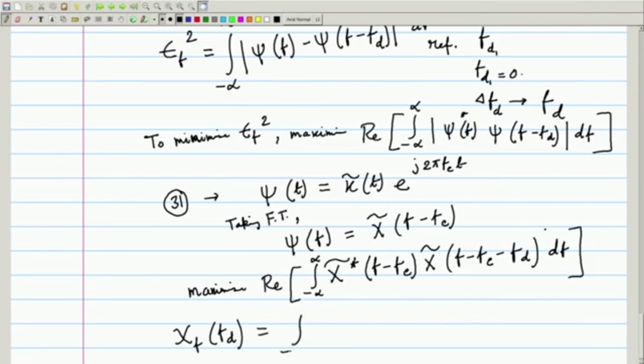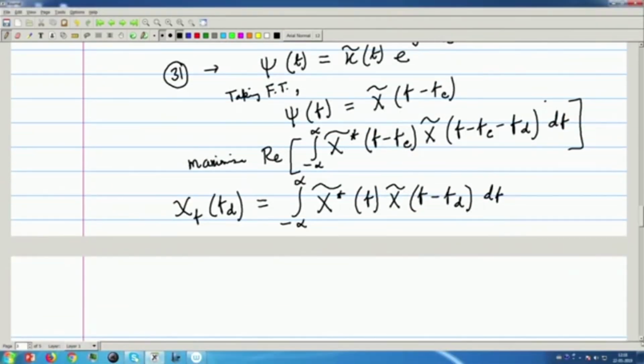is minus infinity to infinity, and this thing if we do in time domain, then you will get it simply that.